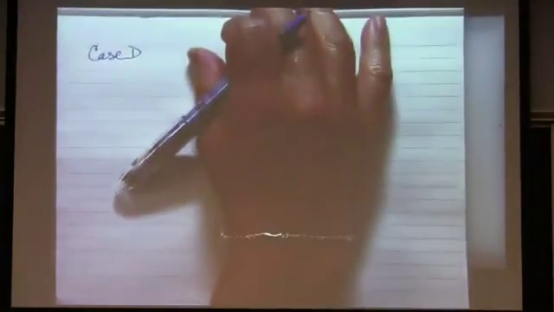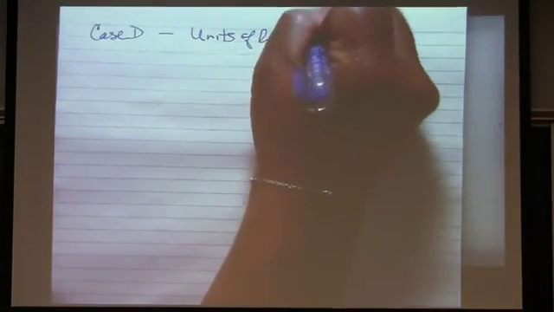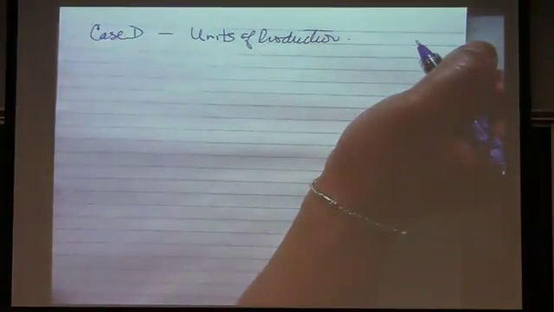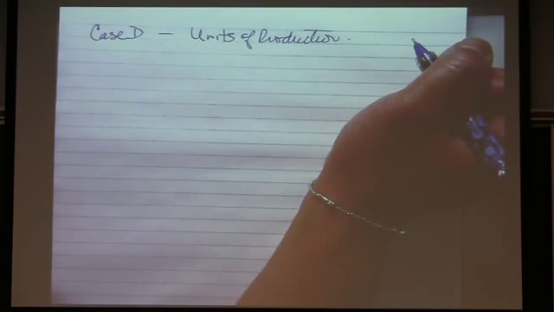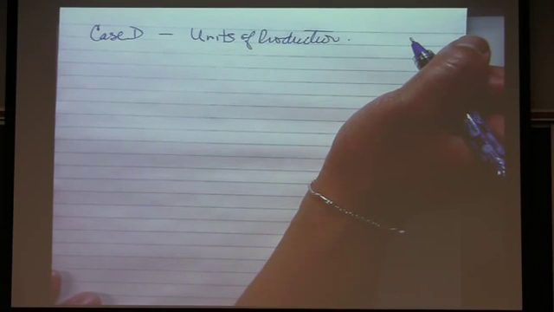of change? So the way it works is this. We know that the units of production, so this is case D, units of production, so first of all, we need to determine the rate, right?